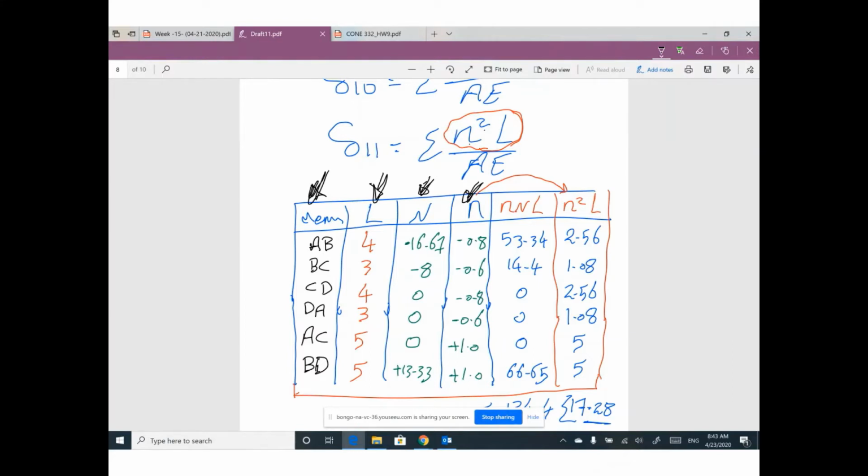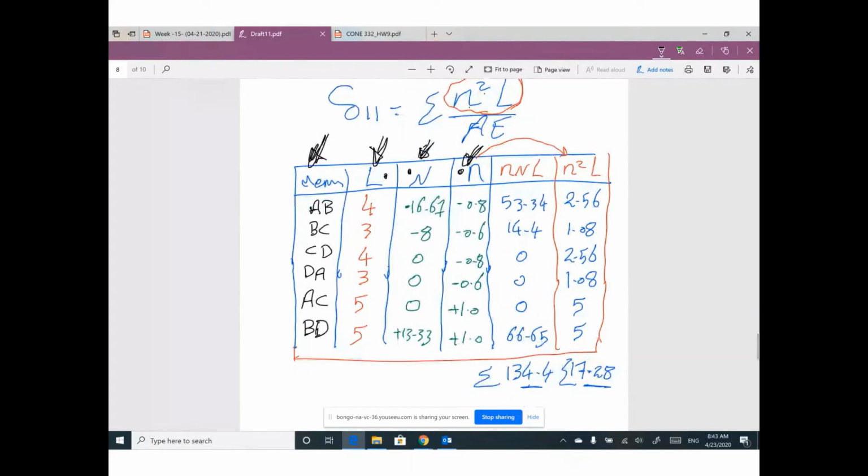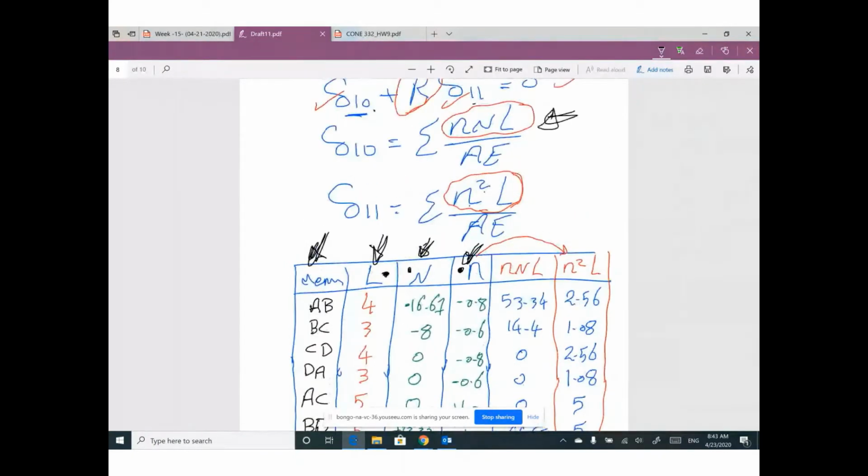Fourth column, what is the internal forces, small n. I need to multiply this column by this column by this column to get N times L, and I got my summation, 134.4. Then I need to get this column square times this column to get small n square times L. Please note these equations.